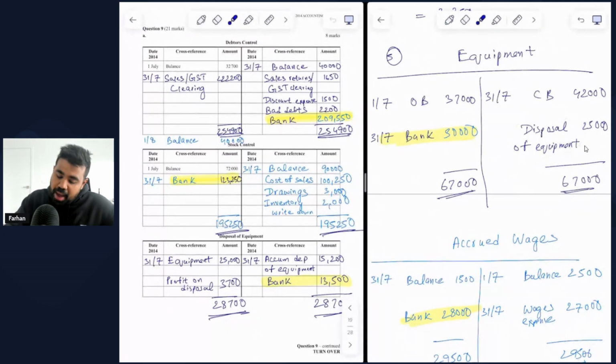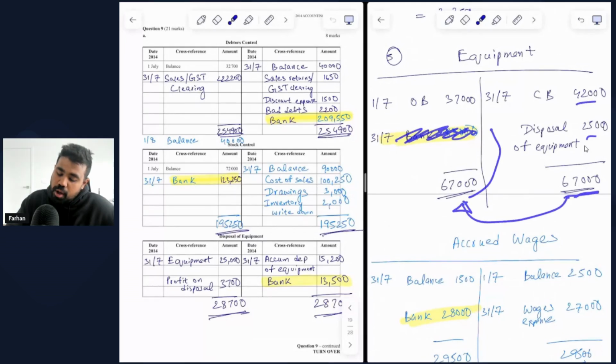And the amount for bank, which refers to the cash purchase for equipment, which is on the debit side, reflecting the fact that assets have gone up, is what we have to calculate as the missing figure. So just remove this and you know what to do. You take a glance, you know the heaviest side is the credit side. So you add 42,000 with 25,000, which you get 67,000, which must be the total on the debit side.